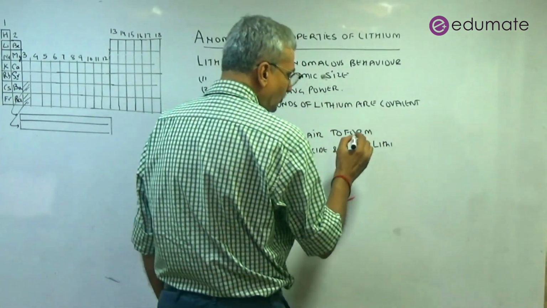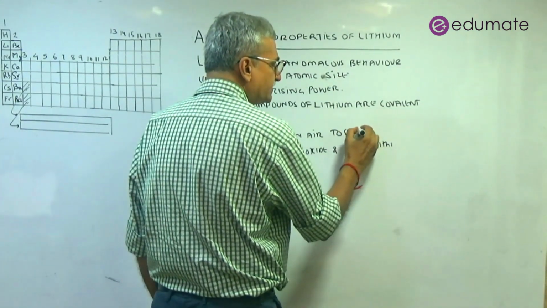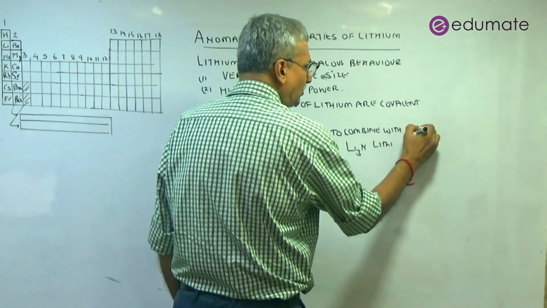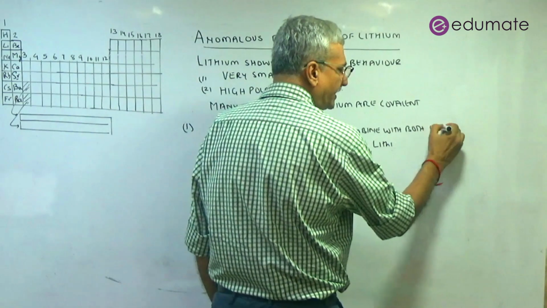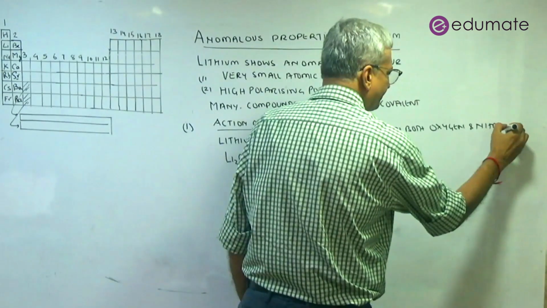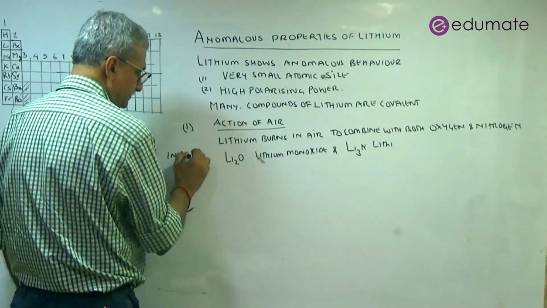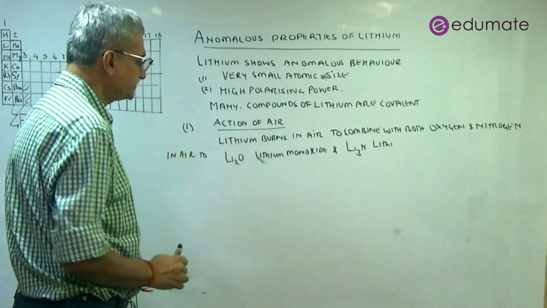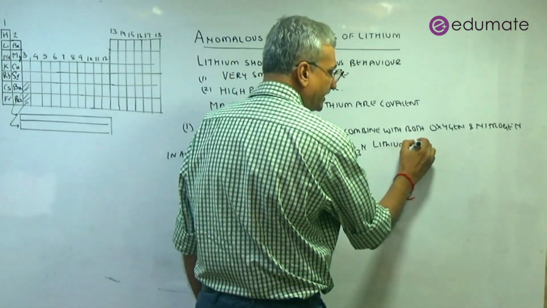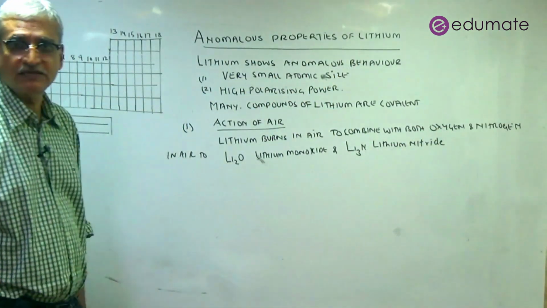I'd rather say it like this to make it more clear: lithium burns in air to combine with both oxygen and nitrogen in air to form lithium monoxide and lithium nitride. This is the first anomalous behavior.